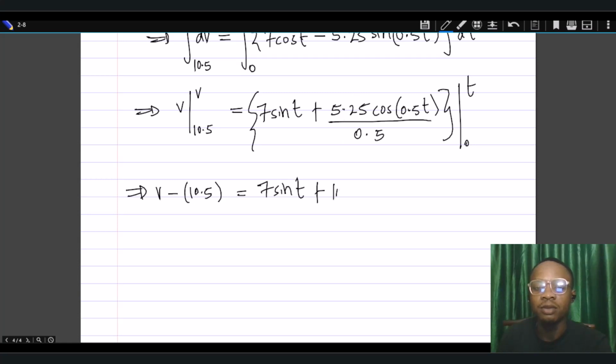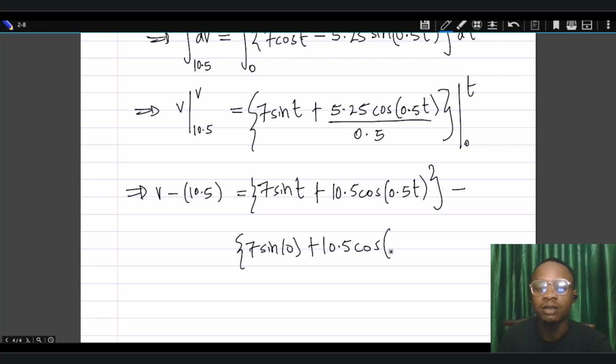So this is plus 10.5 cos 0.5 t, and that's all for the t part. And when we substitute 0, this gives us 7 sine 0 plus 10.5 cos 0.5 multiplying 0, and we close the bracket.